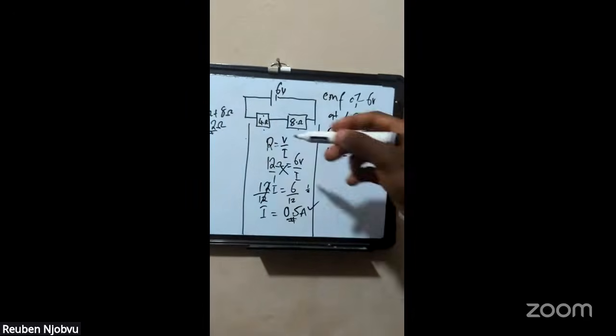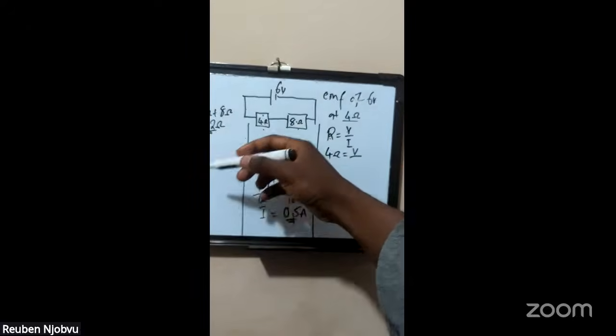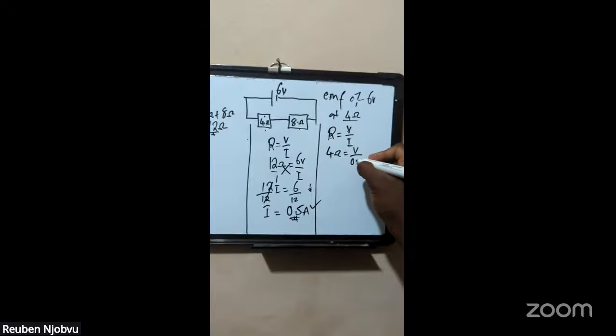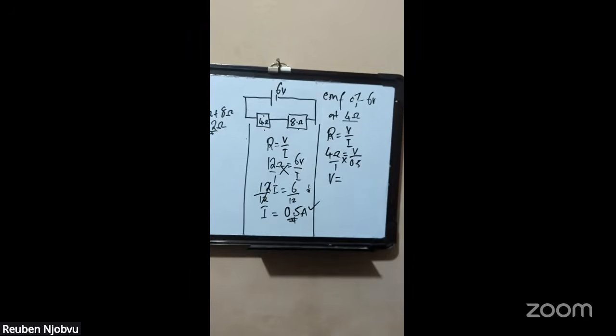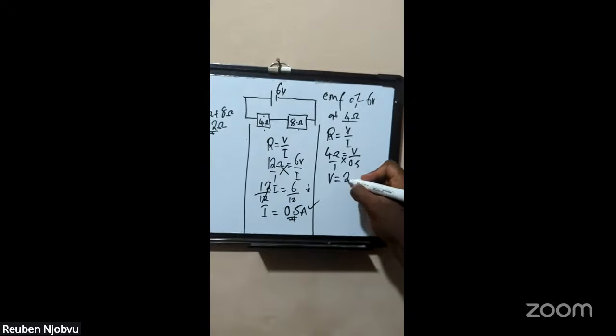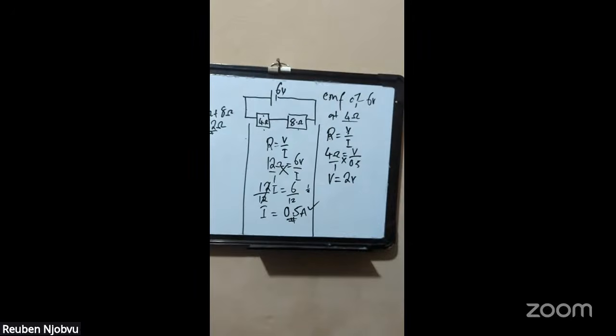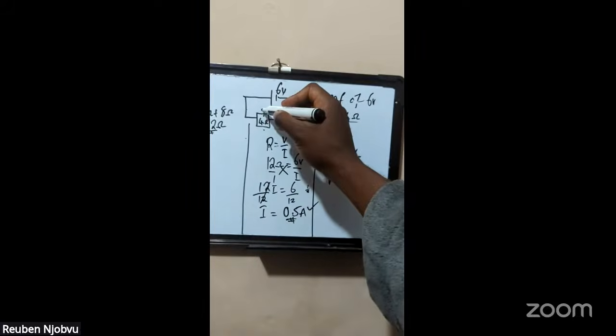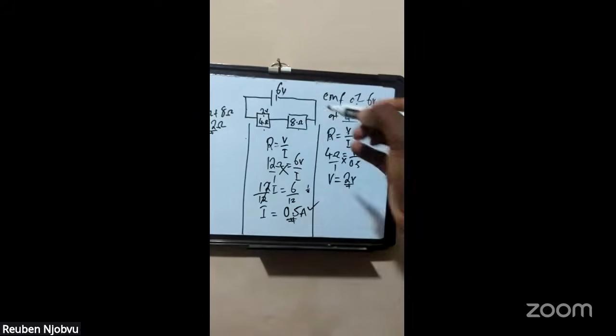The current is the same throughout the cell, meaning it is the same 0.5. So we cross multiply: voltage is equal to 4 times 0.5. What do you get? 2 volts. Good. So what voltage is passing through at this point? 2 volts.